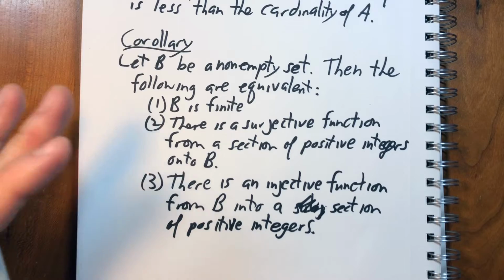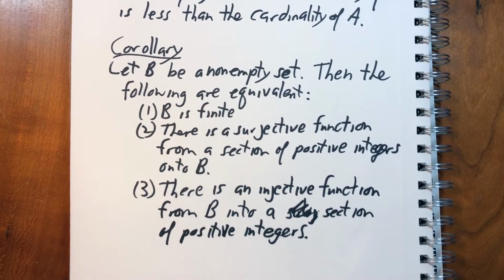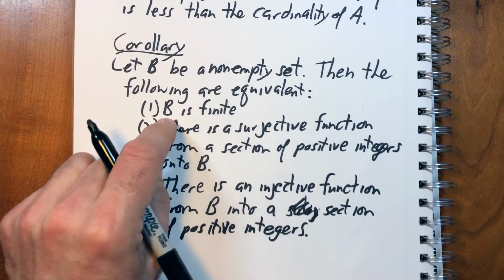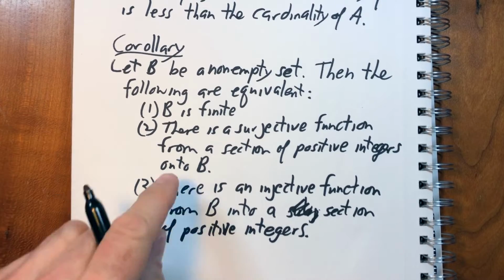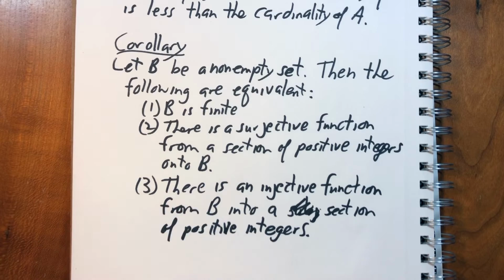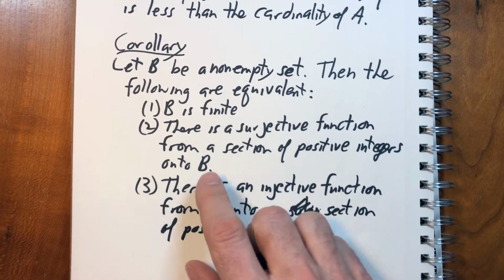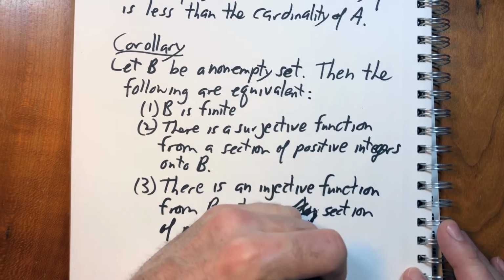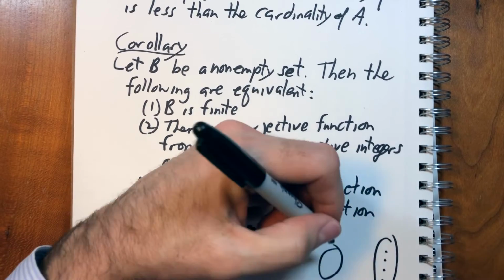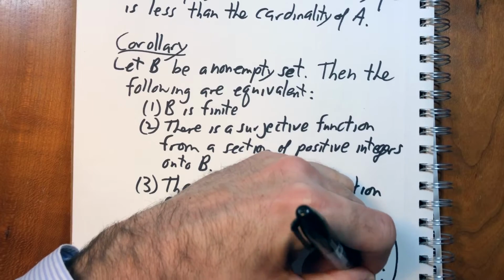So let's take a minute to think about what this means. If B is finite, that means that there's a bijective function from some section of integers into B. A surjective function from a section of integers onto B means that every element of B is covered by the numbers, so that there are no elements of B left over. In other words, this finite section of the positive integers is enough to point to every element.